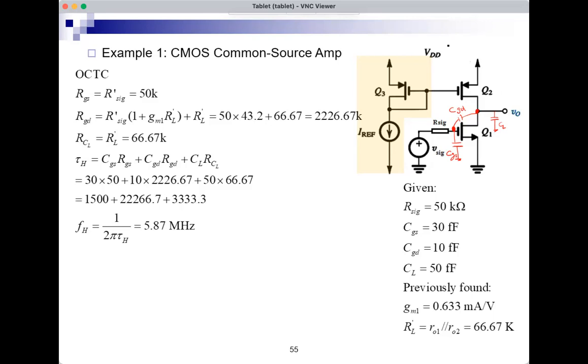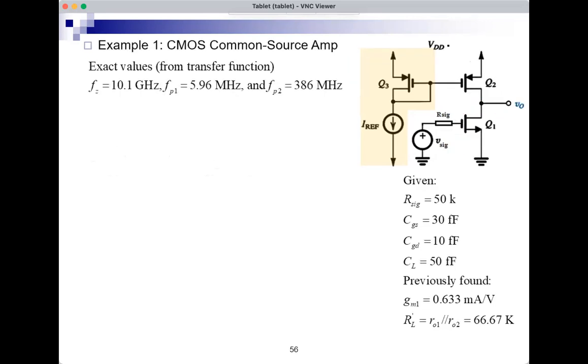Okay, so Miller was 6.8, 6.7, maybe 6.8, 6.9. This is 5.9. Let's compare with the exact. If I go to the transfer function, the long expression for the transfer function, and I calculate exactly the poles and the zeros, where there is 1 zero, I get these exact pole and zero locations.